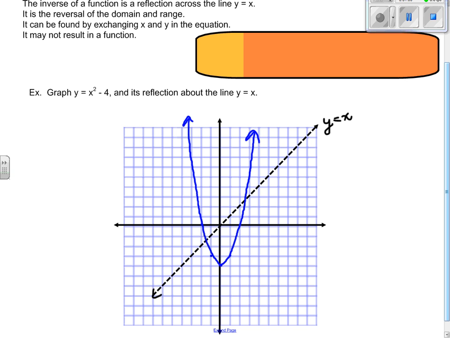We're going to draw the reflection about the line y equals x. It's not going to be perfect because we're sketching. But notice that I was a distance of 4 this way. So if I'm reflecting across the line y equals x, my starting point will be 4 this way. So my vertex is there.